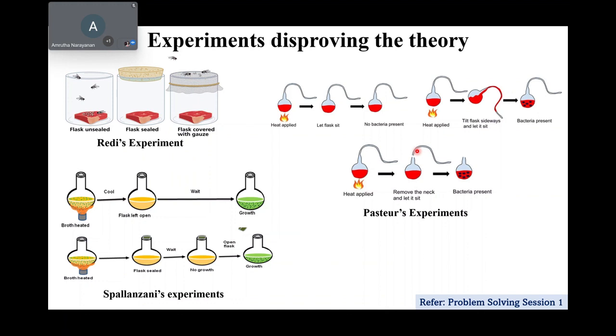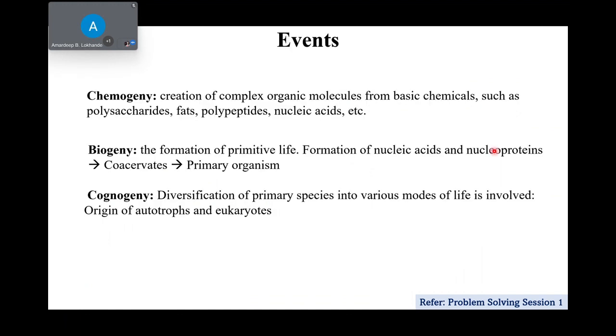It started with a primitive life, with the coming together of nucleic acids and proteins, which form nucleoproteins. These together then form the coacervates, and this coacervate then started growing into a multicellular organism, which gave rise to the primary organism.